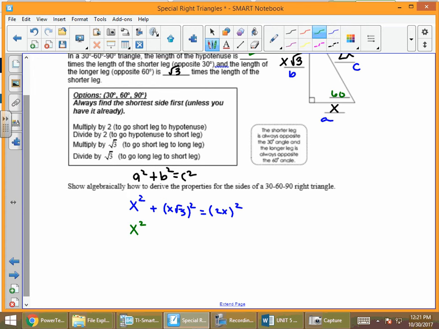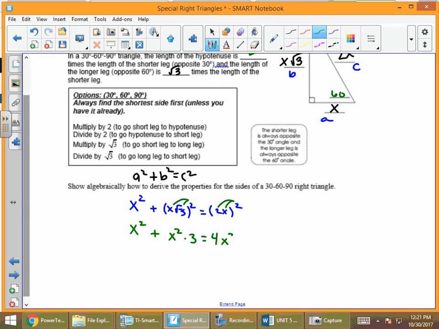But when we square this, again, we can, because we're multiplying, distribute that exponent. When we square x, we just get x squared times, what happens to this radical when we square it? Goes away. We're just left with 3. Again, we're multiplying, so we can distribute that radical. When we do so, 2 squared is what? 4.